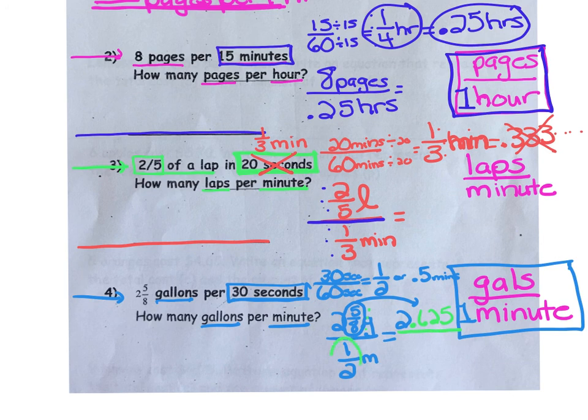And then, of course, we know that 1/2 is equivalent to 0.5 minutes. So if you're more comfortable with decimals, we've got the option to use decimals. So go ahead and punch in that division problem into your calculator. When you're done, write your answer on the line.